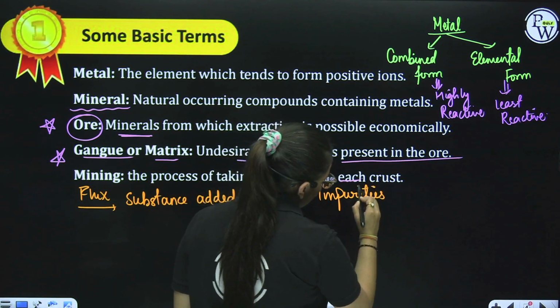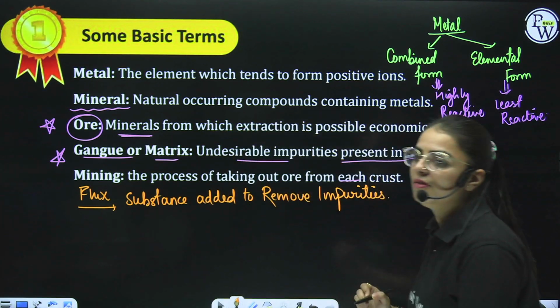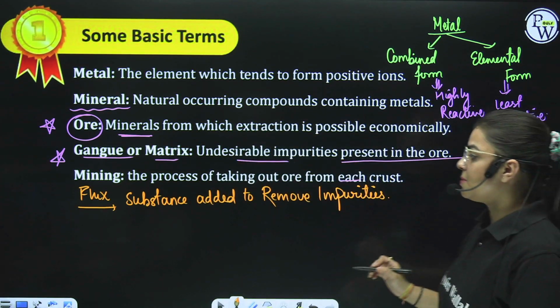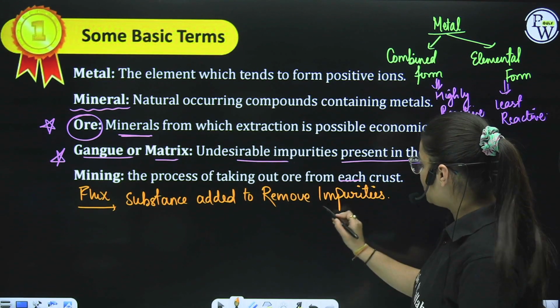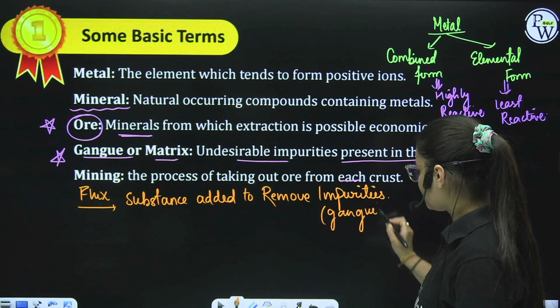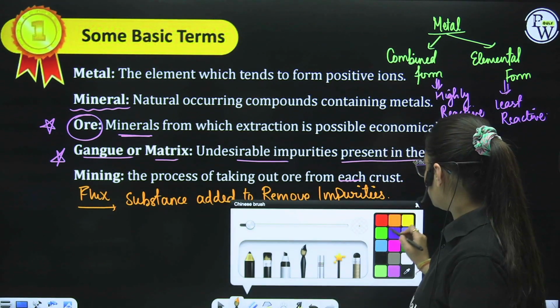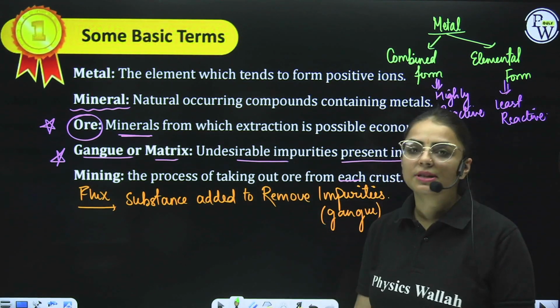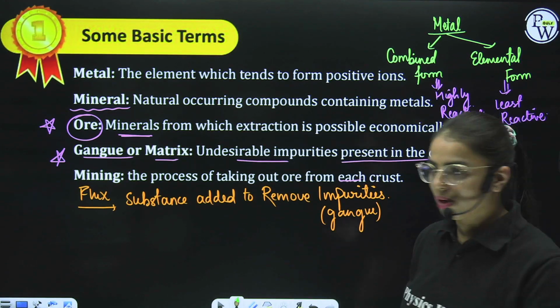Substance added to remove impurities is basically flux. What is a flux? The substance that we add so that we can remove the impurities, or I would say the gangue particles. Clear? Now what it is going to do, basically it is going to decrease the melting point of the ore.